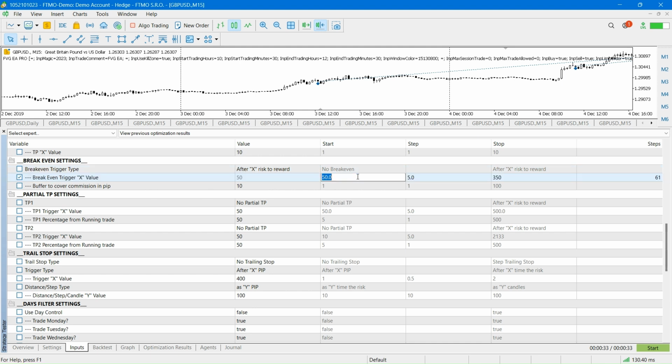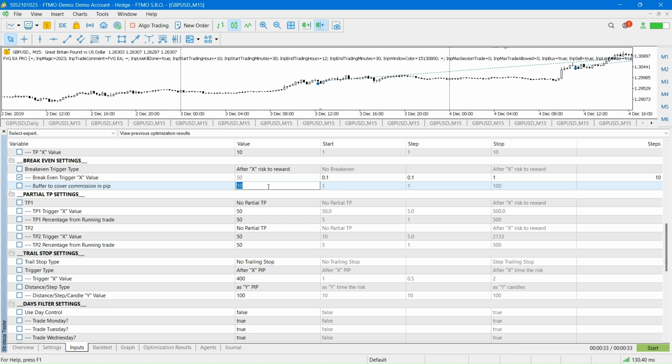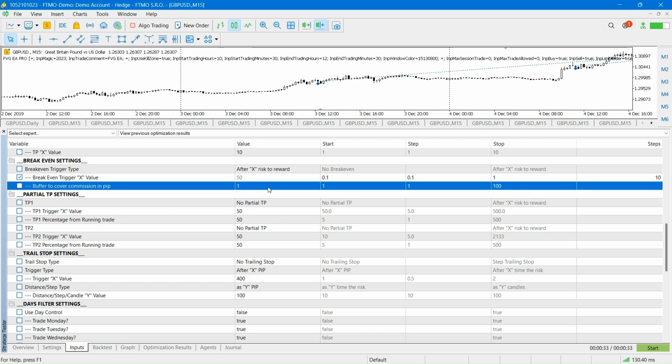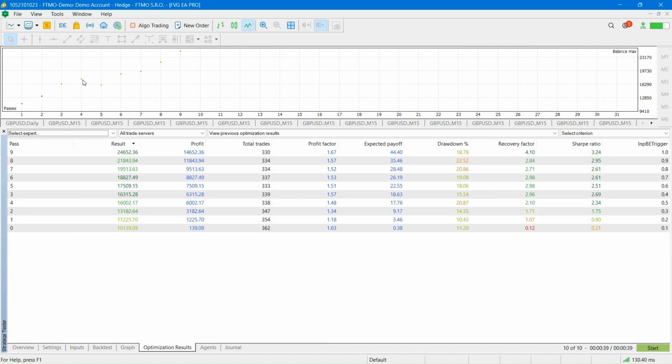I'm gonna try, let's say, 0.1 and moving it to, let's say, 1. Sorry, not 10%, it's 0.1. I'm gonna move one by one, and for my buffer, I'm on GBPUSD, so I'm gonna just put 1 pip to cover my buffer. So I have 10 different combinations. Let me start.